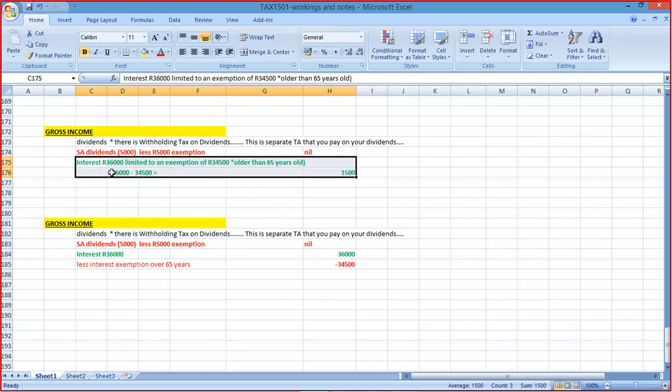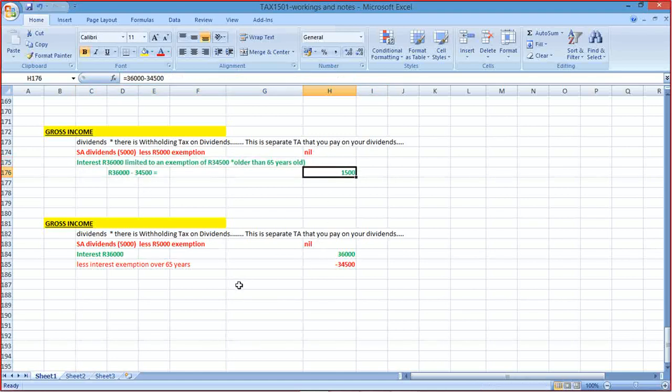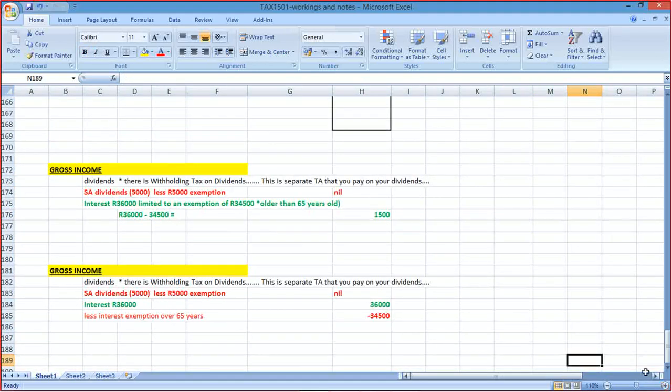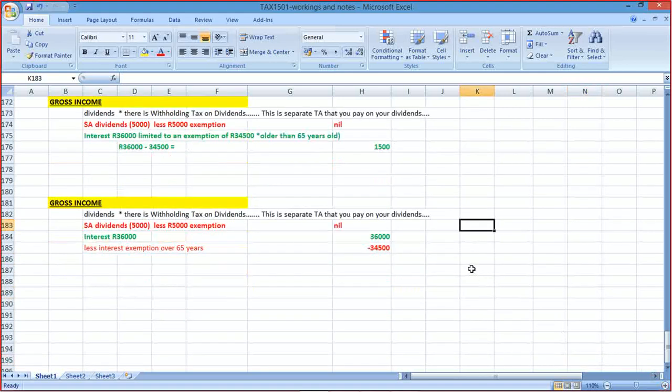You could show it like this if you wanted to. Doesn't matter. Either or would be acceptable. Right, so you can either show all of it here and then show the exemption, or you can do it like this, where I did the working and then just showed what's left. The net effect is still the same. He's going to have to pay tax on 1,500 according to his income tax tables.